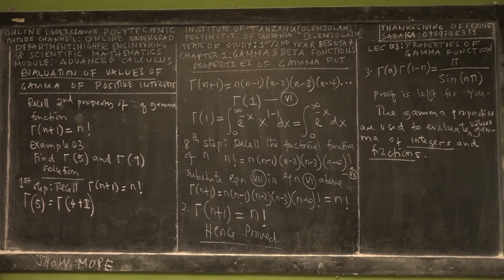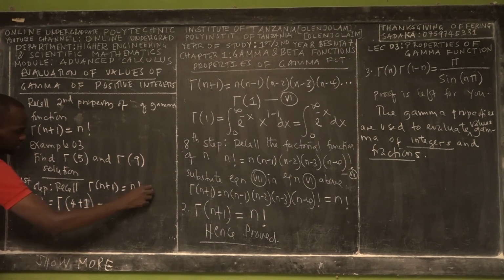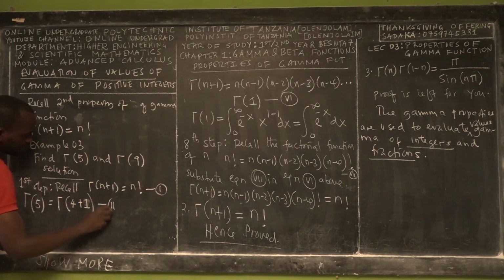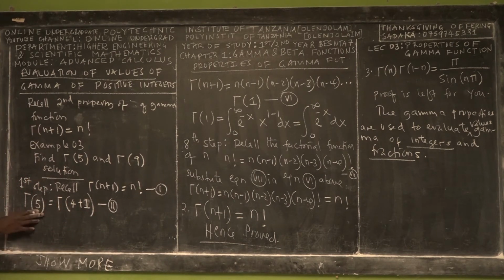So from this property, gamma of n plus 1 is equal to n factorial. Here we have gamma of 4 plus 1, so our n is equal to 4 if you compare. So gamma of 5 is equal to gamma of 4 plus 1, which is equal to 4 factorial.